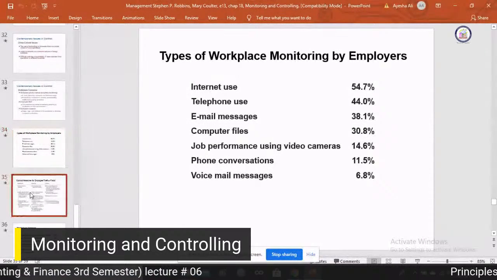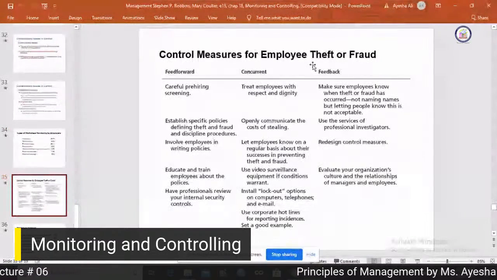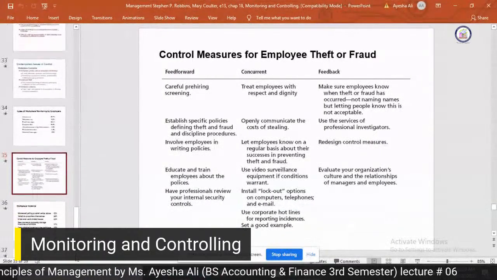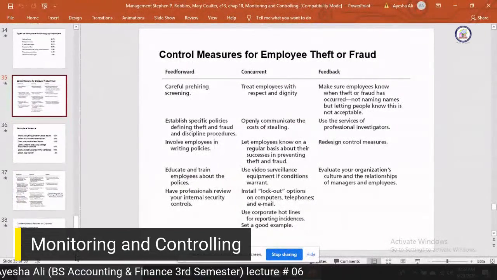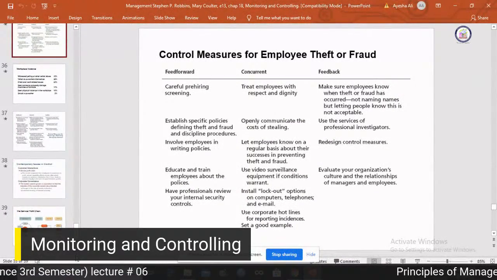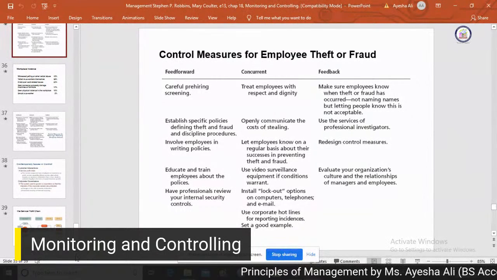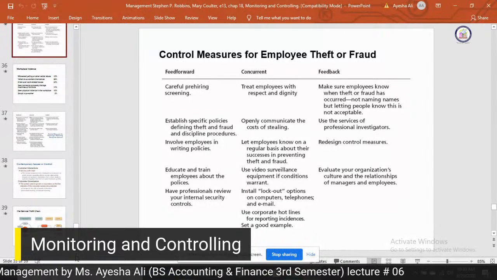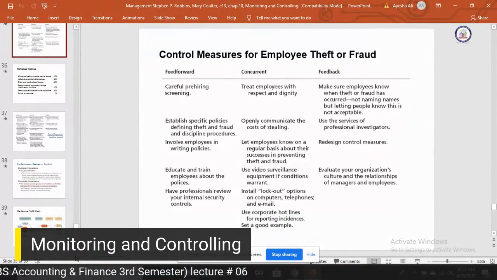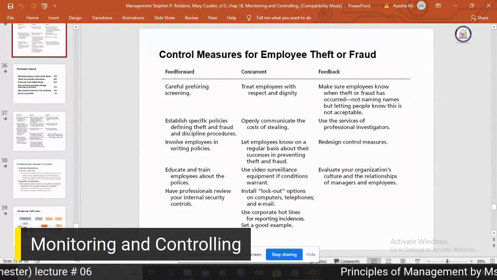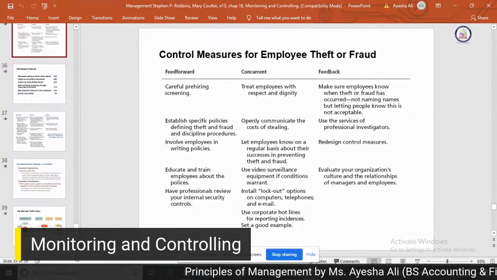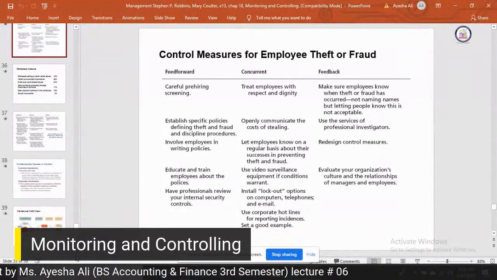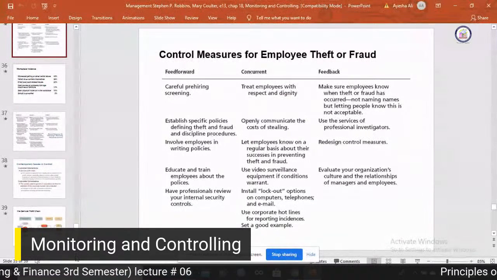So then we have the control measures for theft or frauds. So feed forward, concurrent, and feedback. The first one is basically careful pre-hiring. Then we establish some rules and policies and discipline. And in concurrent, we treat the employee with dignity and respect.